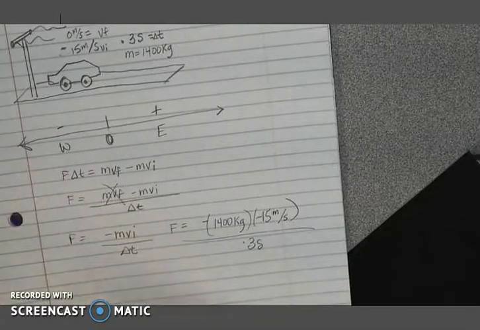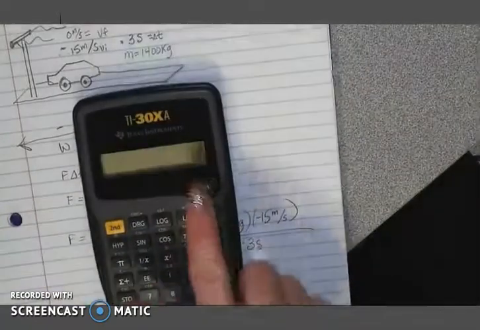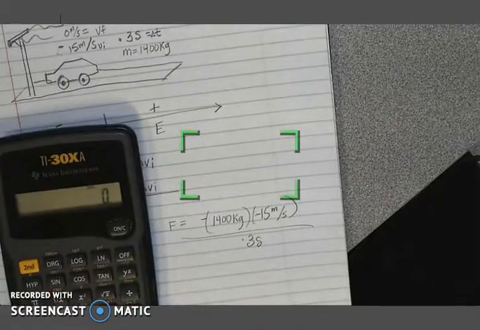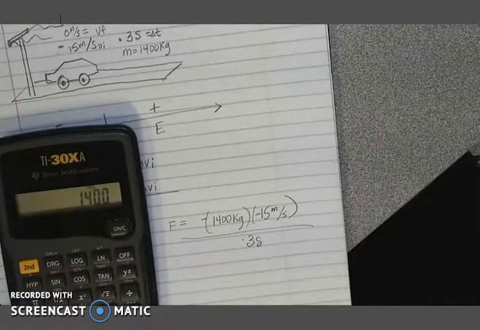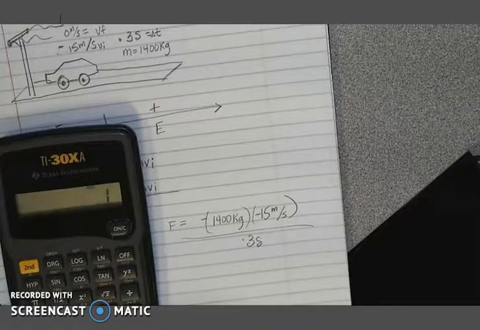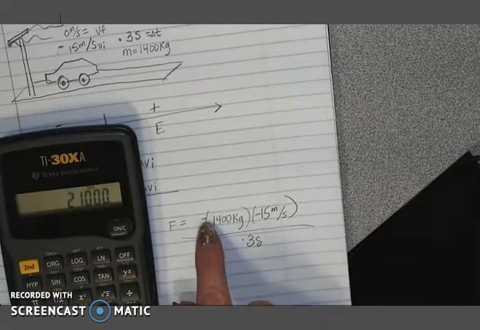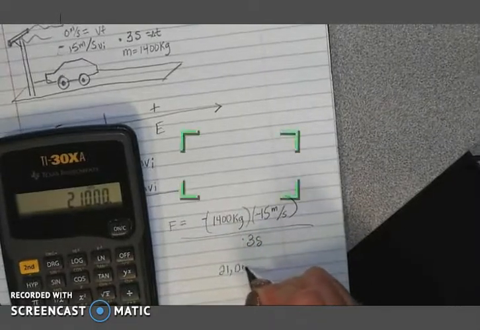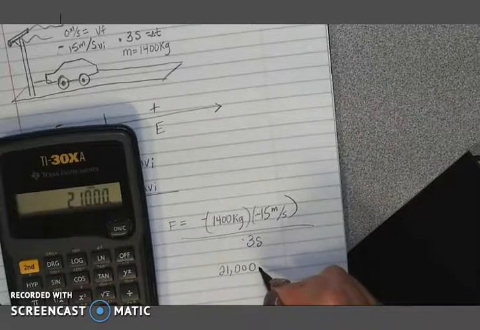So let's do a little bit of math, shall we? 1,400 times 15 is 21,000. And a negative times a negative is a positive, we know. So I'm just going to know that already.